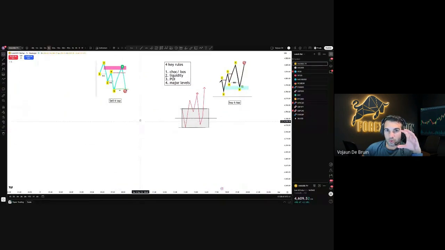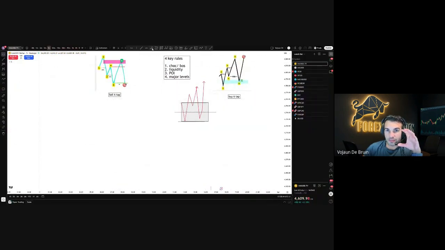An example would be we have a bearish trend stepping down, sweeping liquidity, stepping down, sweeping liquidity, stepping down, coming up, failing to make a new low, change of character, liquidity, break of structure.